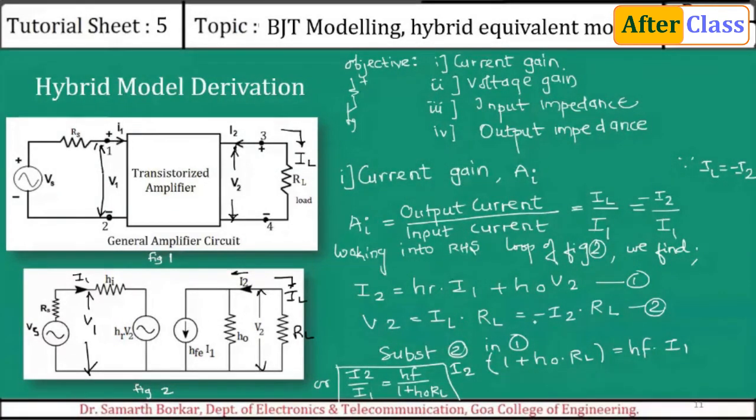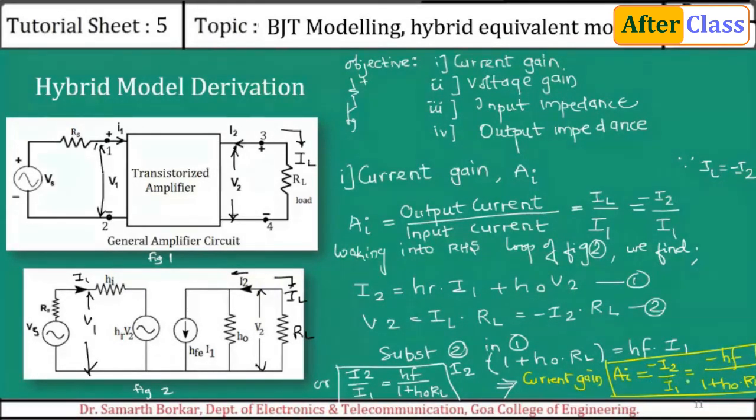Okay, so this implies, last line of the lecture, the current gain AI equals minus I2 by I1, which equals minus HF upon 1 plus HO into RL. So by this analysis, we could get the value of AI.